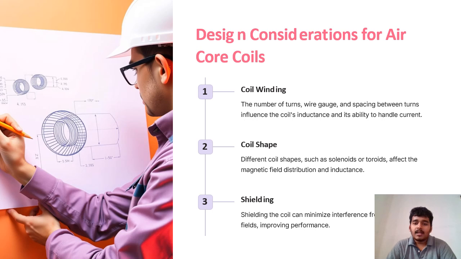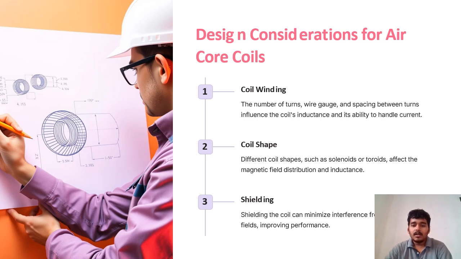Coil winding: the number of turns, wire gauge, and the space between the turns influence the coil's inductance and its ability to handle the current. The inductance of the coil generally depends upon the number of turns and the length of the coil. It decides the inductance of the coil.